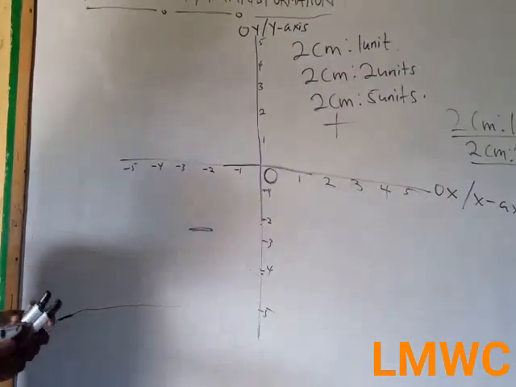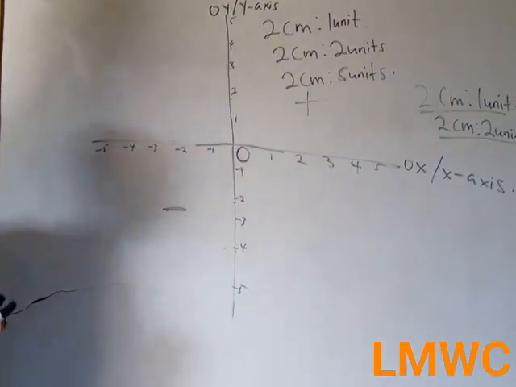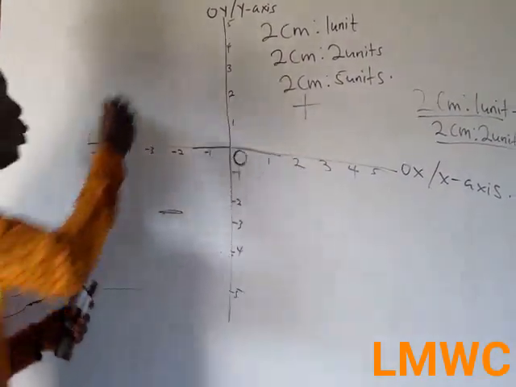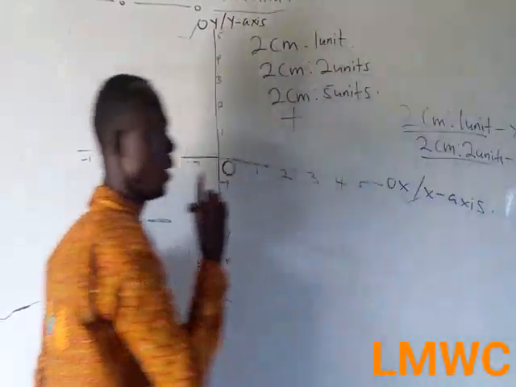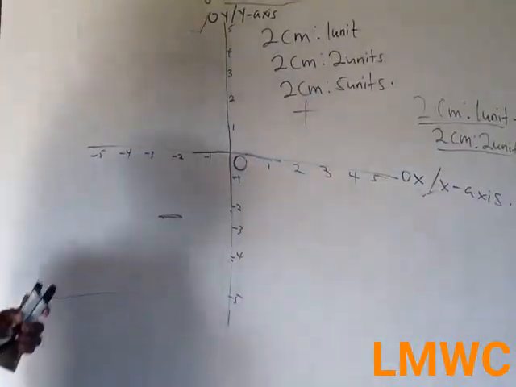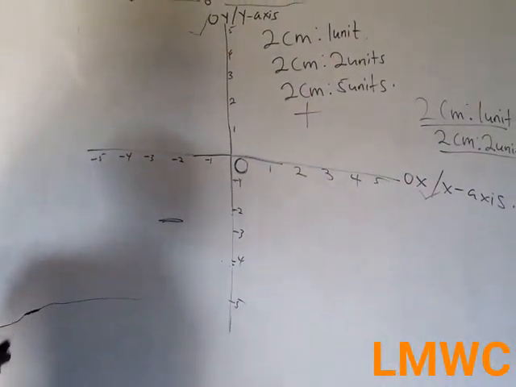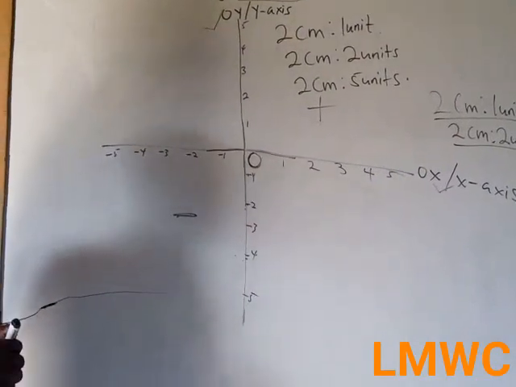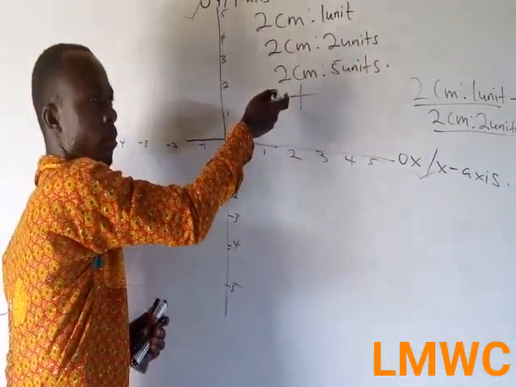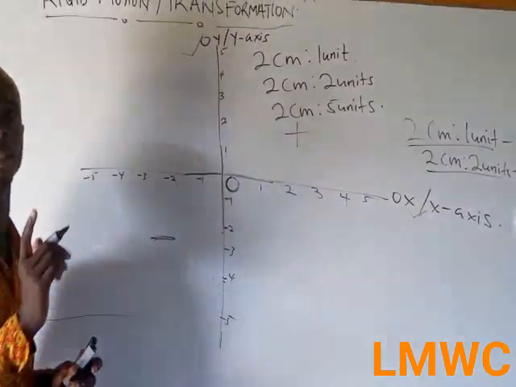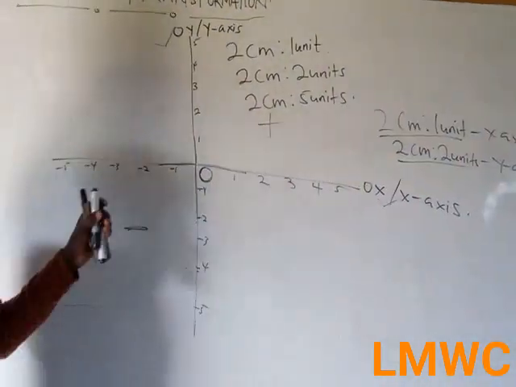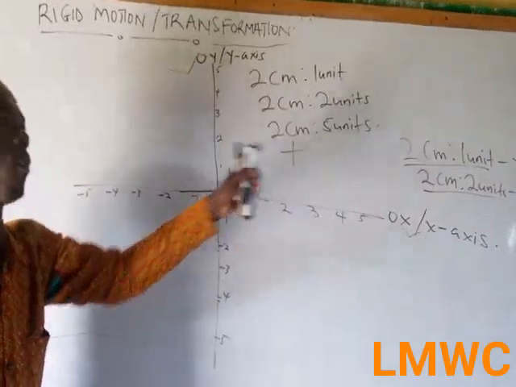The reason why I am teaching this is that under transformation, writing this will fetch you a mark, and this too will fetch you a mark. Do not forget to label your axes, and also we always write our scale on the graph sheet. Don't forget to write your scale. It's very important, and also label your axes very well.